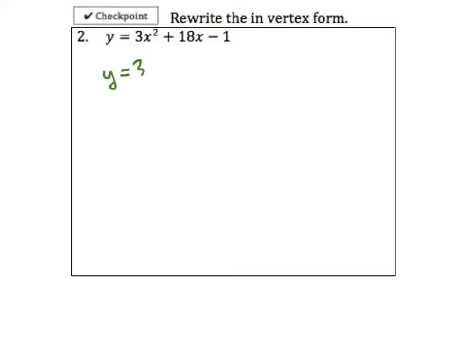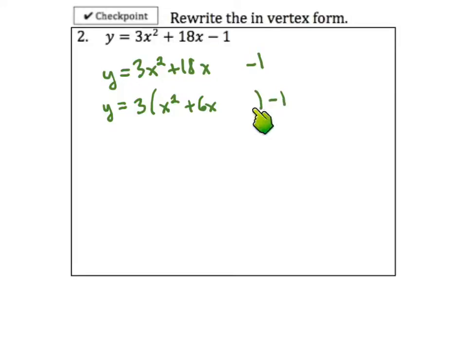All right. So I rewrote it. I left a big space. Except I actually didn't need to, but whatever. I'm going to factor out that 3. Now, into that big space, I'm going to add and subtract my c at the same time.